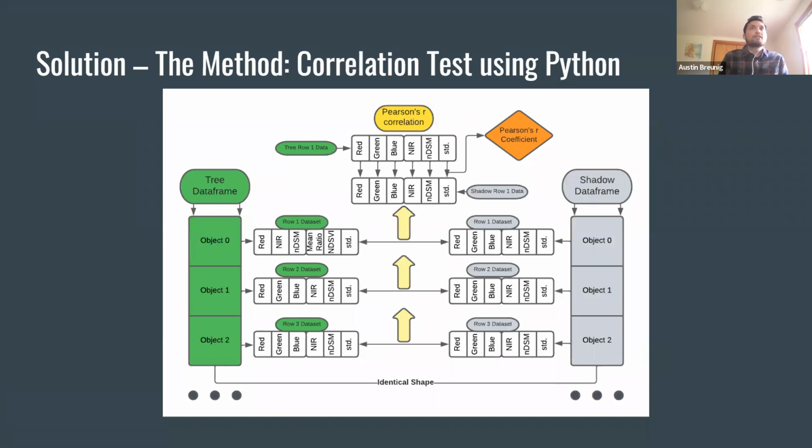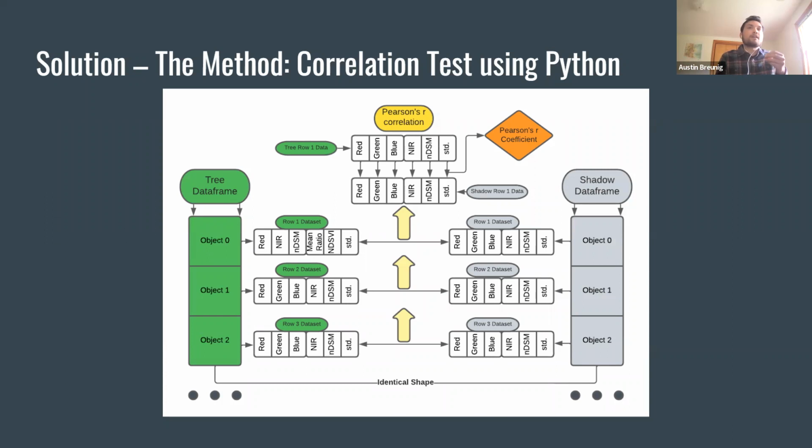So I conducted this correlation test using Python, specifically the pandas data science package, using one of the correlation functions within that package. This diagram explains how that works in Python. If we have a tree data frame, which would be our known spectral values, we're comparing it row-wise to our unknown, which is our shadow data frame. So object 0 from the tree data frame is matched with object 0 from the shadow data frame.